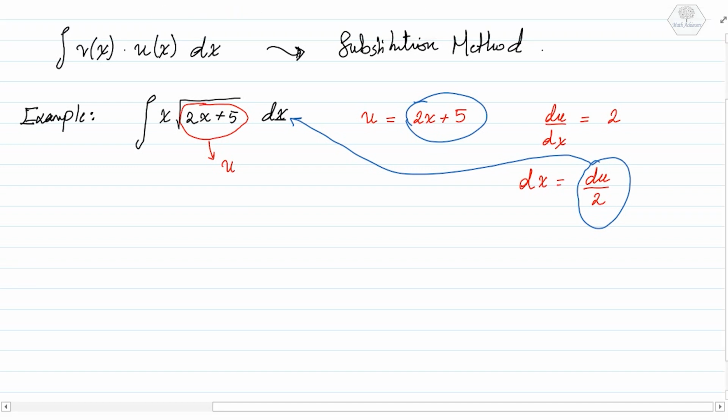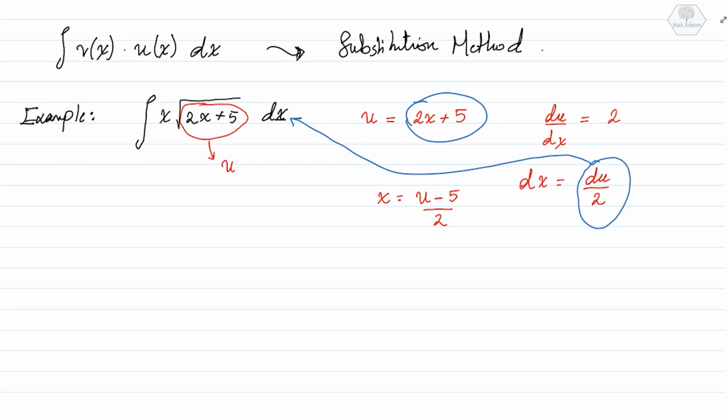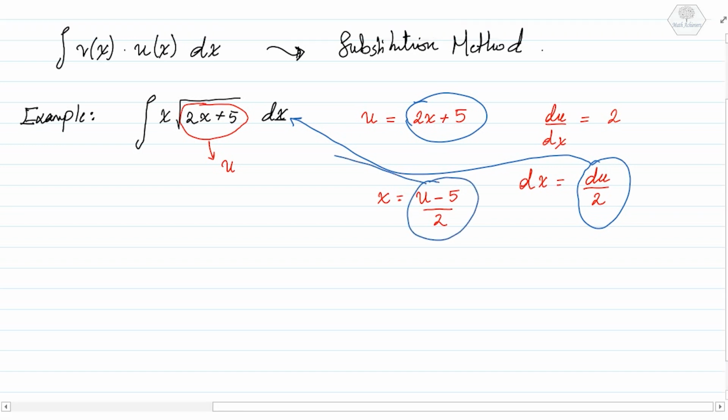From the beginning, I let u equal 2x plus 5, so I can find the value of x. With a little rearrangement, x is equal to u minus 5 over 2, and I substitute this value instead of the x.